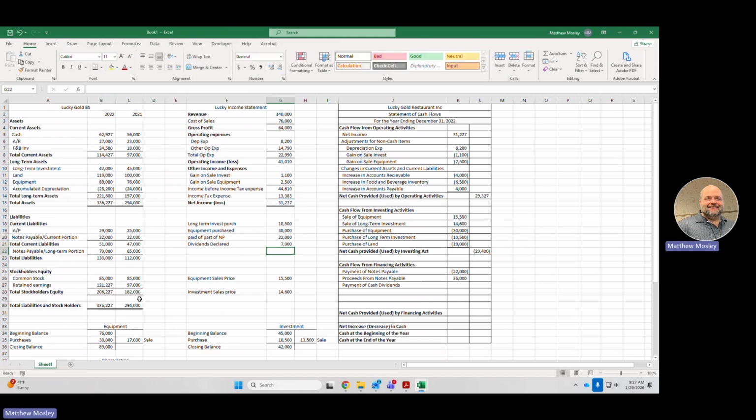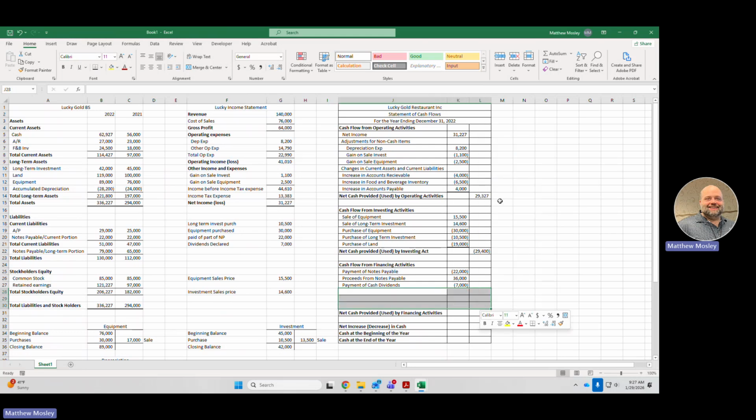So we notice that we have dividends declared of $7,000, right? And we can go ahead and put it over here. Since we paid it out, cash went out, right? So just like that. And it looks like that's about it for that section.